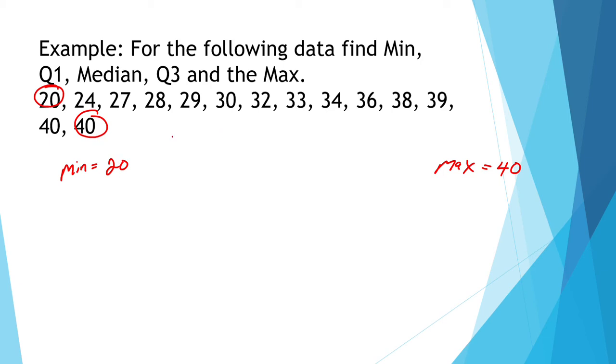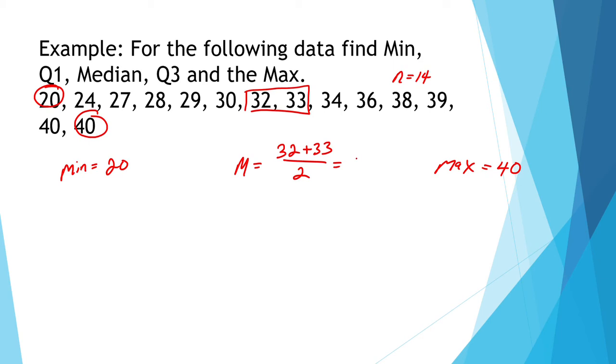Looking at the numbers, I notice that the sample size is equal to 14. So we'll look at the two middle numbers, and that's going to be 32 and 33. To find the median, we're going to take those numbers, add them up, and divide by 2.